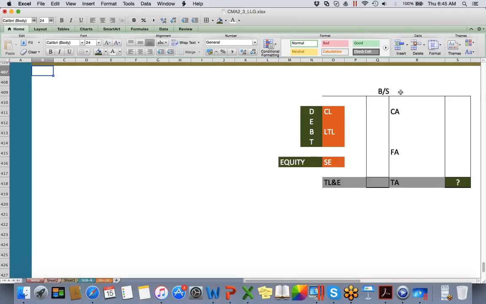Before we go to solvency analysis, let us have a glance at a T balance sheet, wherein your total assets are presented here. Total assets: current assets, non-current assets. I put a question mark here to check how this amount is contributed.